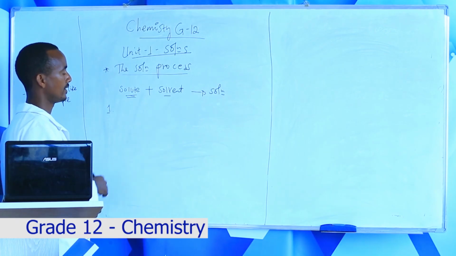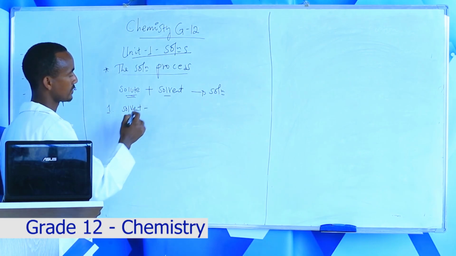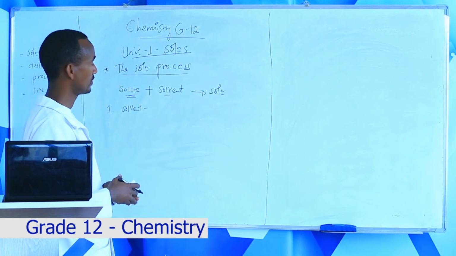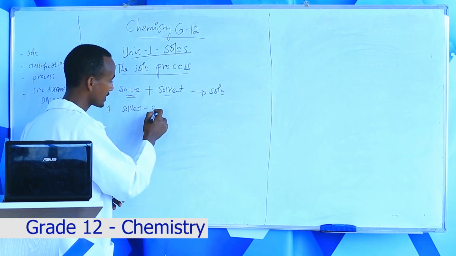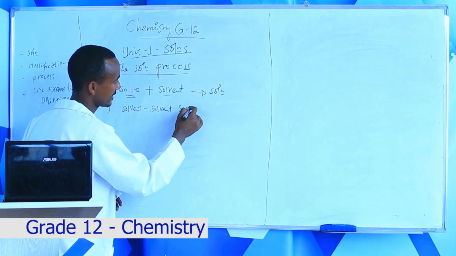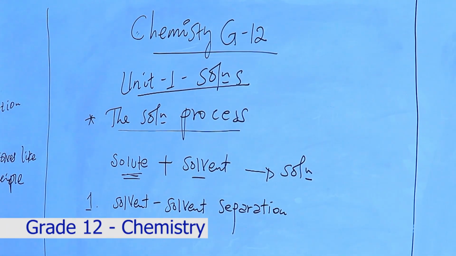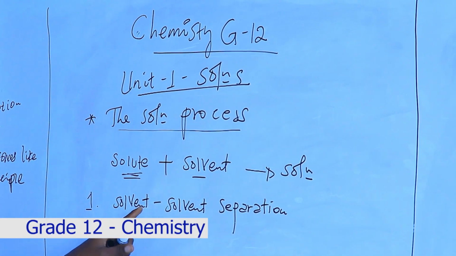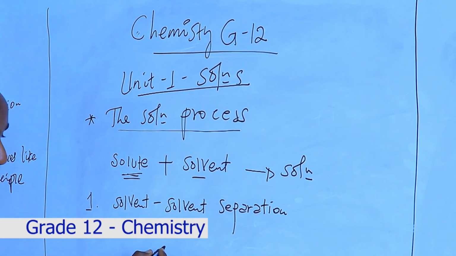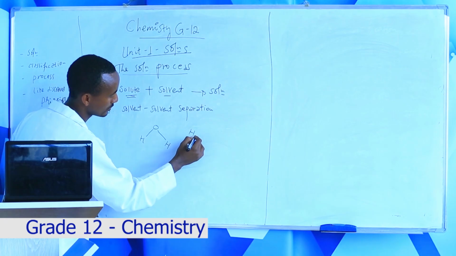The first one is, you know that the solvent particles are held together by strong intermolecular forces. So the first thing is the solvent particles must separate from each other. This is the first step, solvent separation. If you consider water as a solvent, water molecules are held together by strong hydrogen bonds.